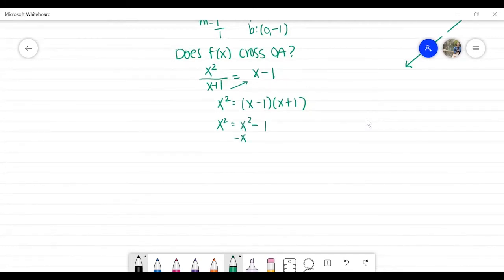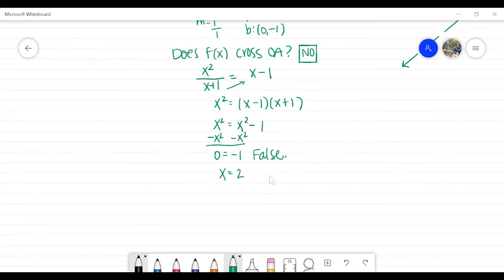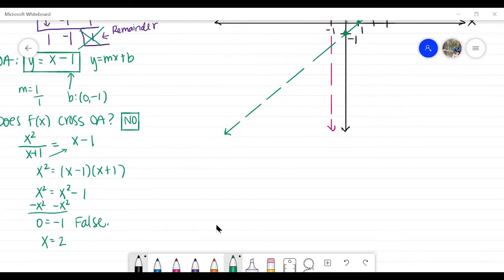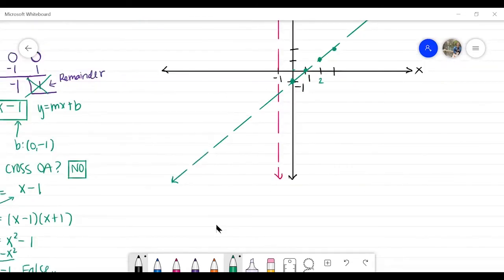If we move those x squareds together, we end up with 0 is negative 1, which again is false. So does it cross? No. Again, if it did, say you solved and you got x is equal to 2, then you would find where x is equal to 2 on your graph, and this would be the point where it crosses, right? Because that's 2.